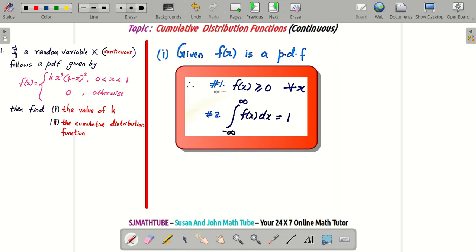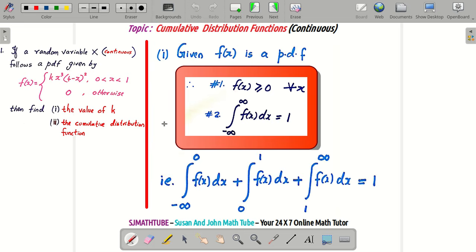I have the properties. A PDF should always be positive, and if you add from minus infinity to infinity on a continuous scale, the answer will be equal to 1. Now I'm going to split the integral according to the function. I made it minus infinity to 0, then 0 to 1, and finally 1 to infinity.